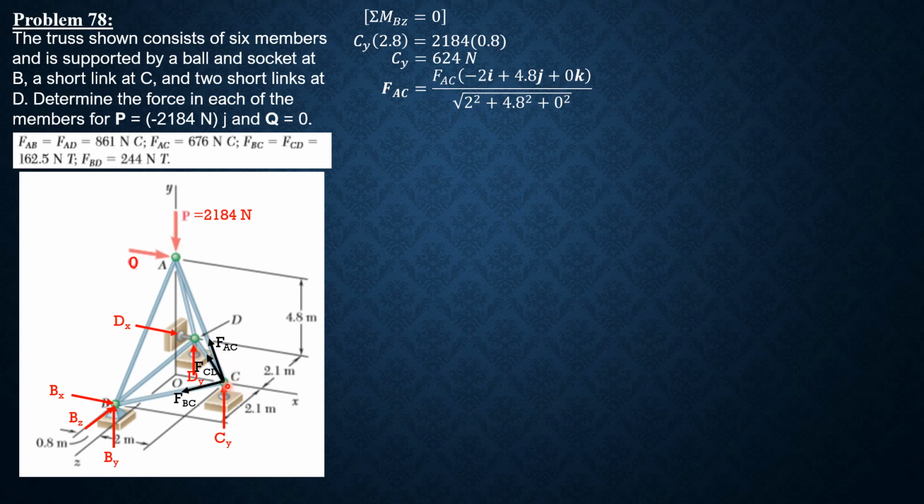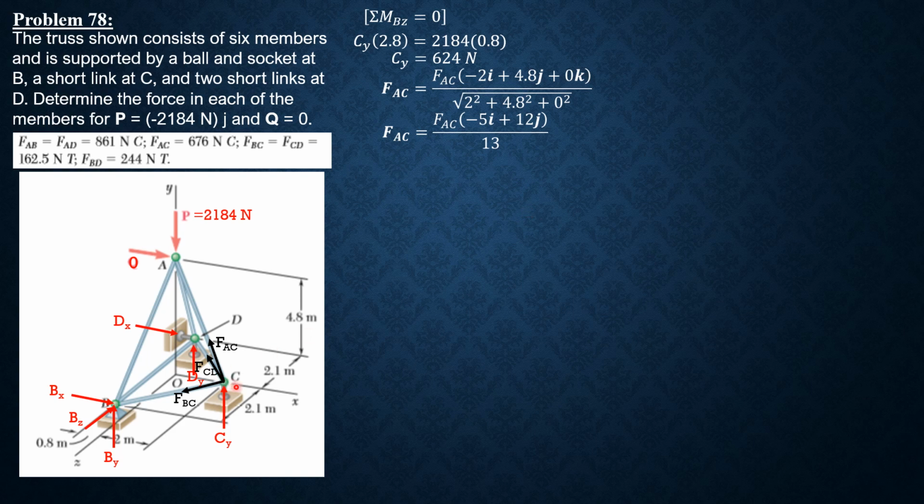So it is negative 2i along X, upward 4.8, so positive 4.8J, then 0K. So there's no movement along Z. Divided by this distance, so square root of 2 square plus 4.8 square. Simplifying, FAC is magnitude of FAC, negative 5i plus 12J over 13.